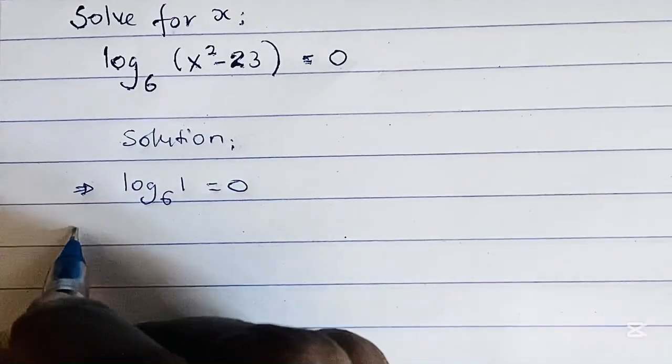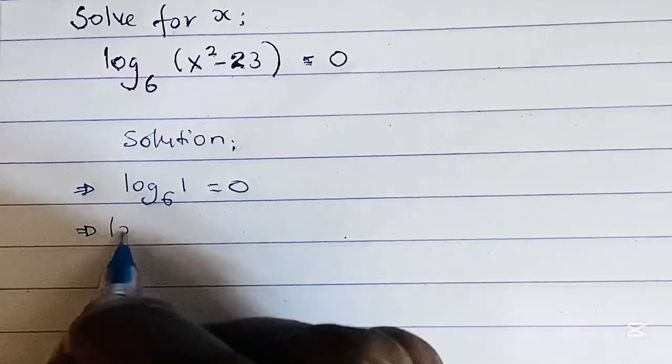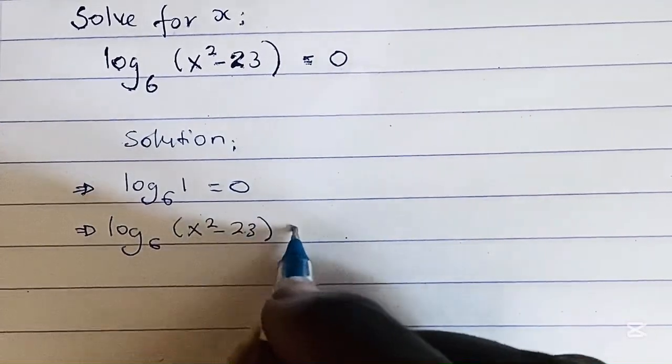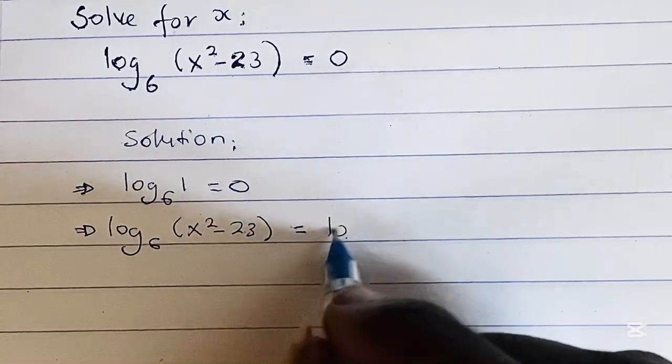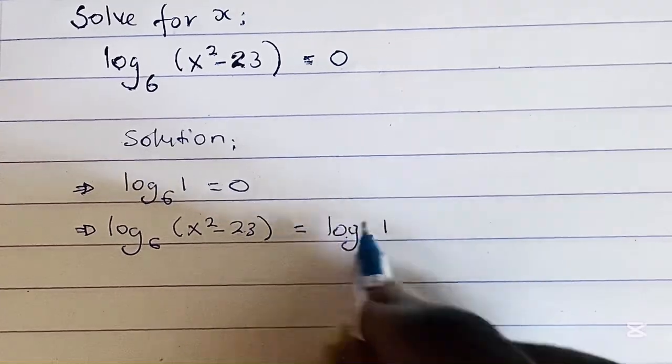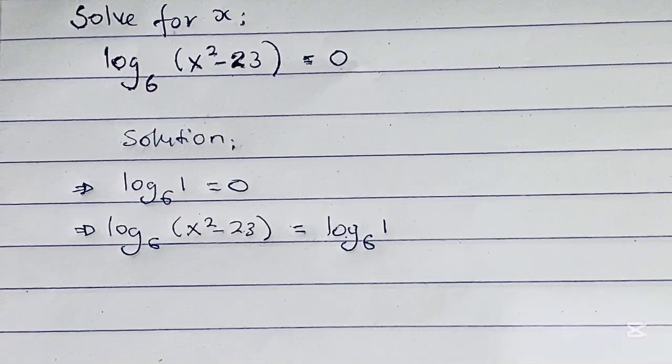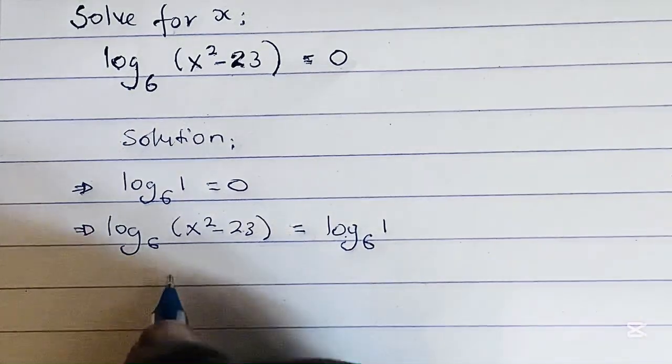So the equation becomes log 6 of x squared minus 23 is equal to log 6 of 1. And that was the trick we're supposed to use in this video. So next we are going to equate x squared minus 23 is equal to 1.